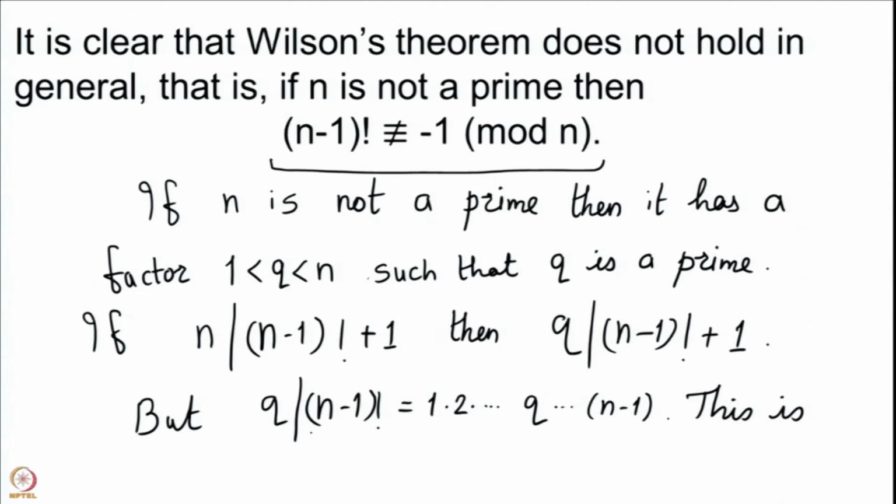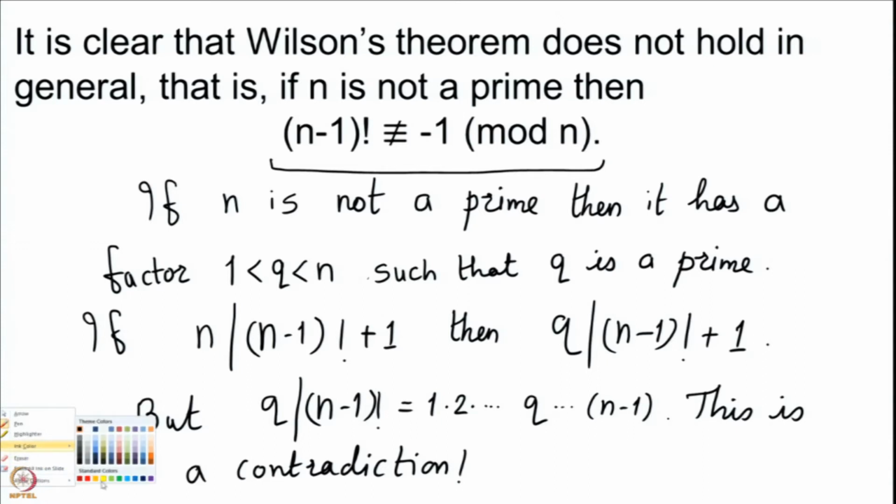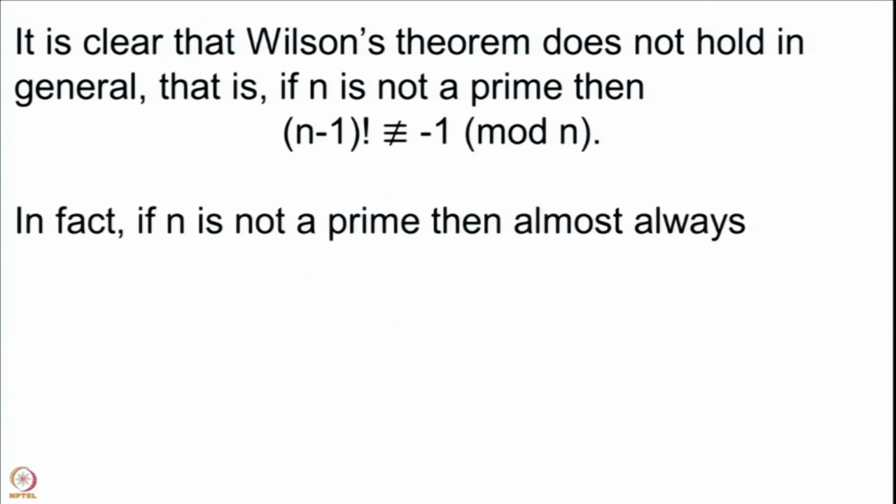You have that q divides (n minus 1) factorial and also that q divides (n minus 1) factorial plus 1. That cannot happen. So, on one hand you have this, on the other hand you have this, which is not possible. So, clearly whenever n is not a prime, we do not have Wilson's theorem, but in fact something more can be said.